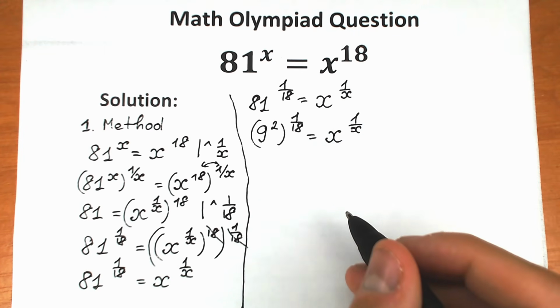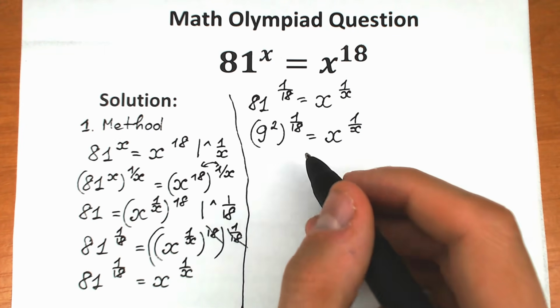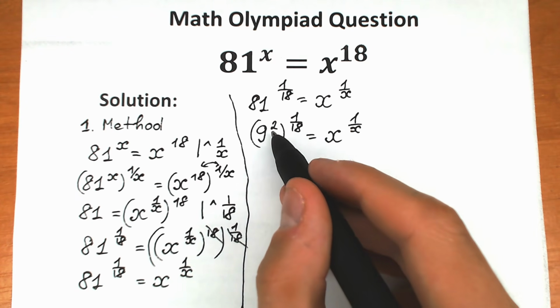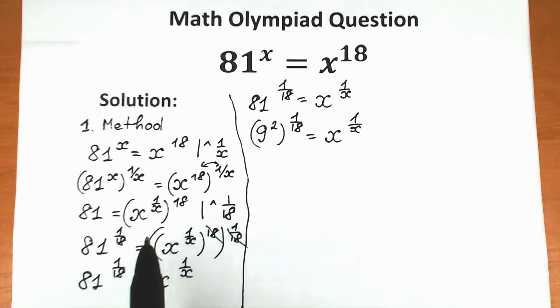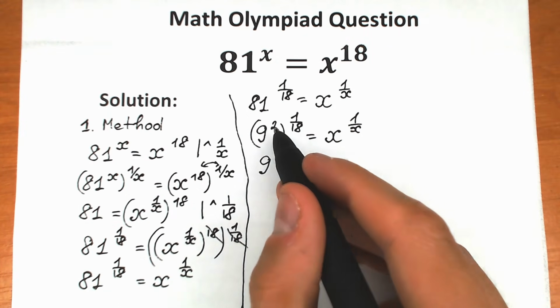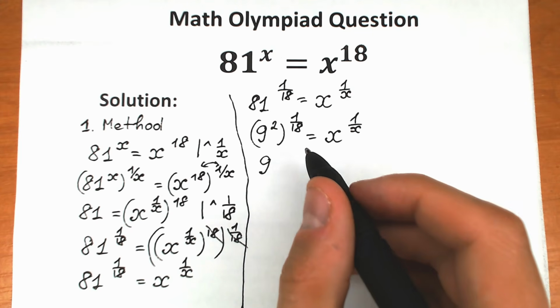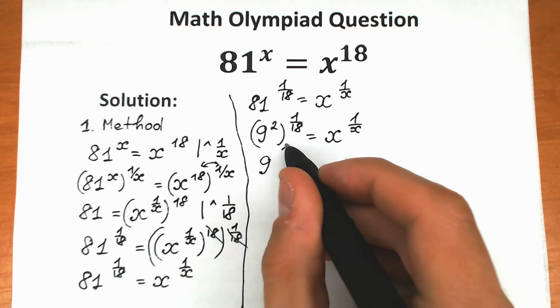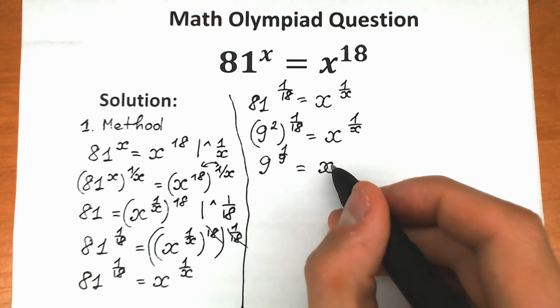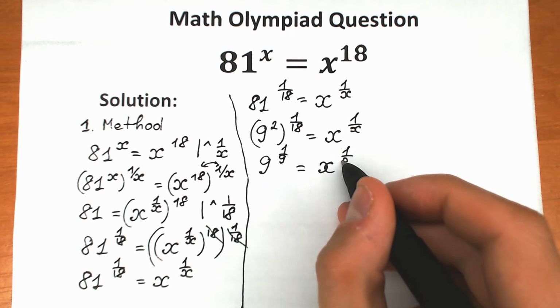If you multiply this 2 times 1 over 18, it is absolutely the same situation as before. So we have 9 to the power 2 times 1 over 18, which gives us 1 over 9. So 9 to the power 1 over 9 equal to x to the power 1 over x.